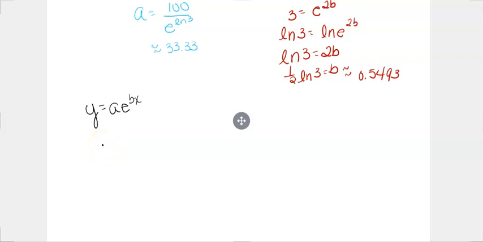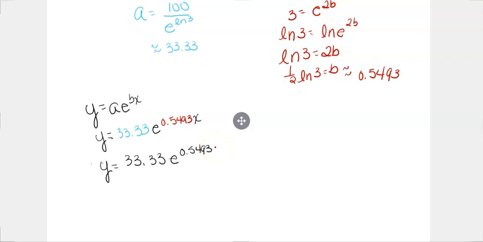Okay, I've moved my screen down a little bit so I'll have some more room. So actually, I can use any days to find out any number of fruit flies if I make my new equation y equals 33.33 for a times e, and then 0.5493 for b, and then an x.